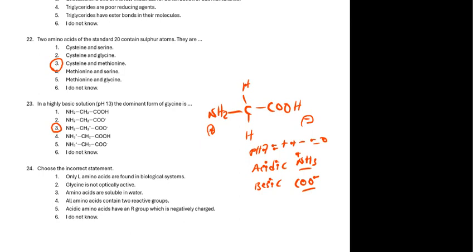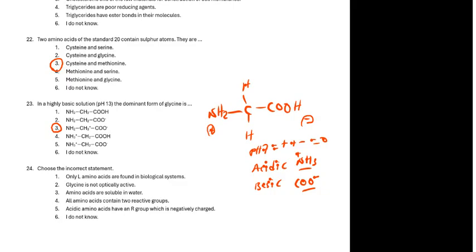So 24, choose the incorrect statement. Only L amino acids are found in biological systems. So that is true. Glycine is not optically active. Yeah, so this is true as well. Amino acids are soluble in water. All amino acids contain 2 reactive groups. Yeah, this is true. Then 5, acidic amino acids have an R group which is negatively charged.